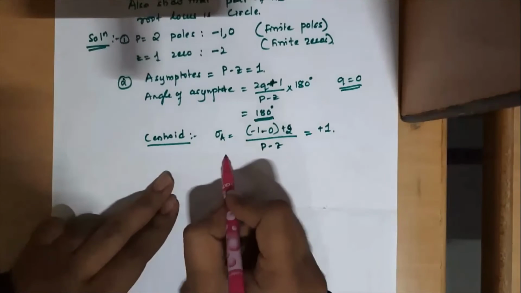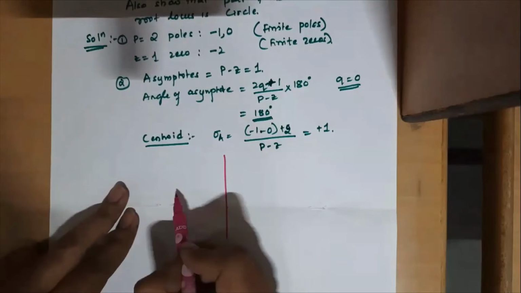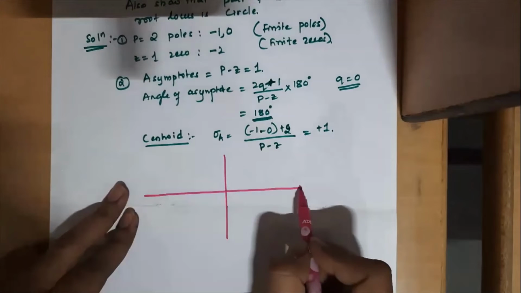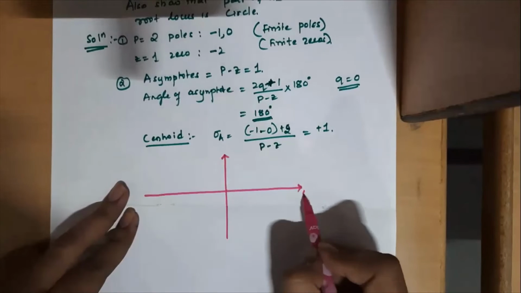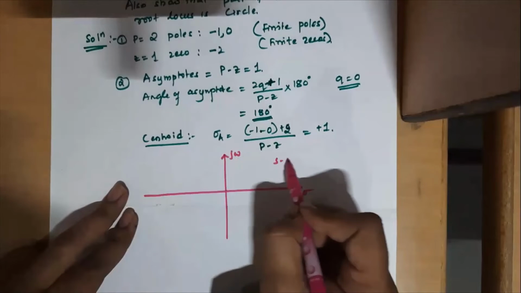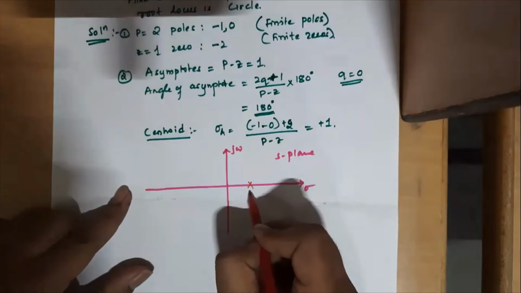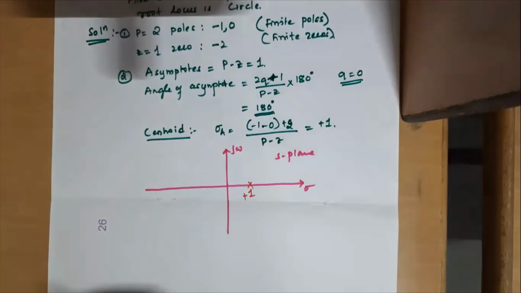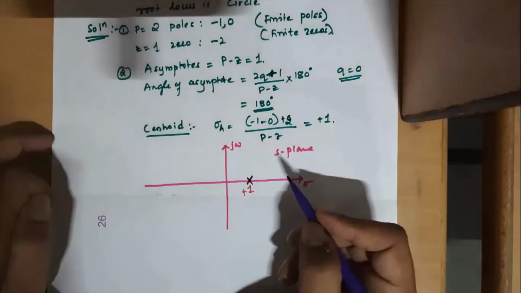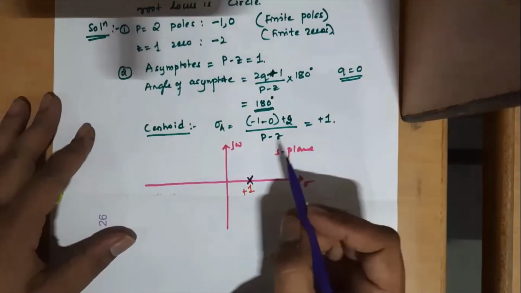So let us see the initial diagram. We have a centroid at +1. It is a centroid, it shouldn't be a pole.